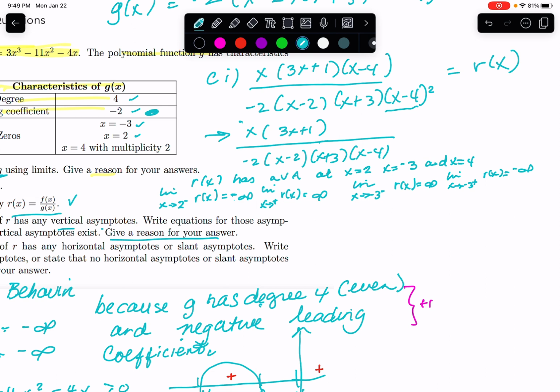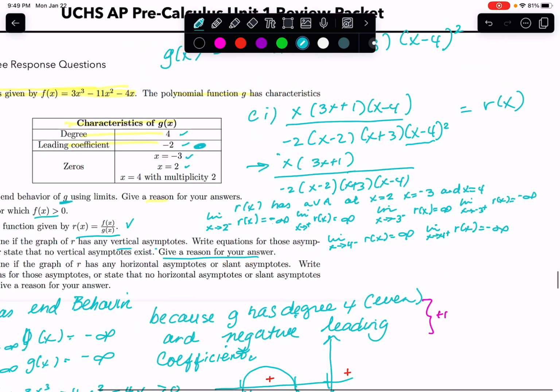And lastly, the limit as x goes to 4 from the left of r of x is equal to infinity, and the limit as x goes to 4 from the right of r of x equals negative infinity. So you'd have to figure those out. I had figured them out earlier, so that's why I was so fast to say what those were.